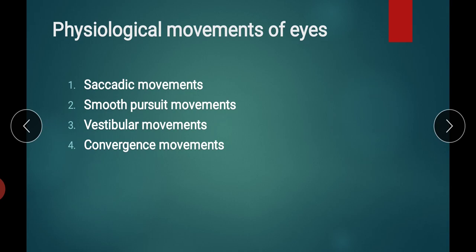While focusing on the near object during accommodation, there will be simultaneous convergence of the eyeballs. So convergence is also one of the subconscious movements. Broadly, these four types of movements which occur subconsciously are known as the physiological movements of the eye.